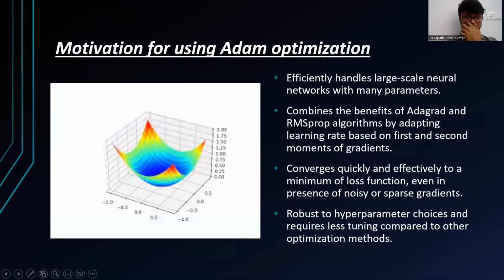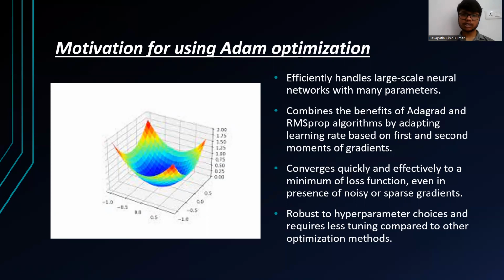Now, let us discuss the motivation for using Adam optimization. In deep learning, with Adam optimization, we mainly see that it efficiently handles large-scale neural networks with many parameters, where it combines the benefits of AdaGrad and RMSProp algorithms by adapting the learning rate based on the first and second moments of the gradients.